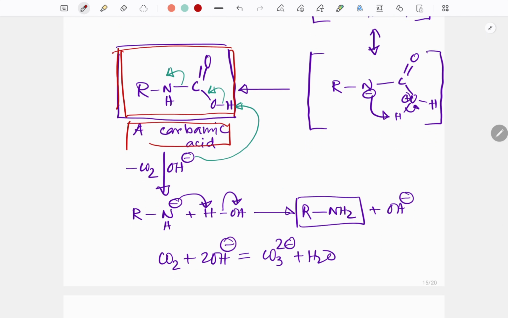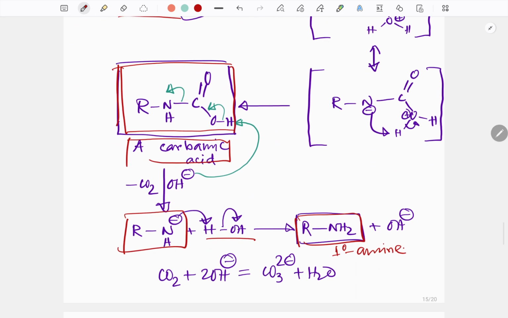From this carbamic acid you can see that OH minus will abstract this proton and it will give you this RNH minus unit, and that RNH minus will abstract one of the protons from water and it will give you the desired product, that is called the 1 degree amine, in which the number of carbon atoms is less compared to the reagent.